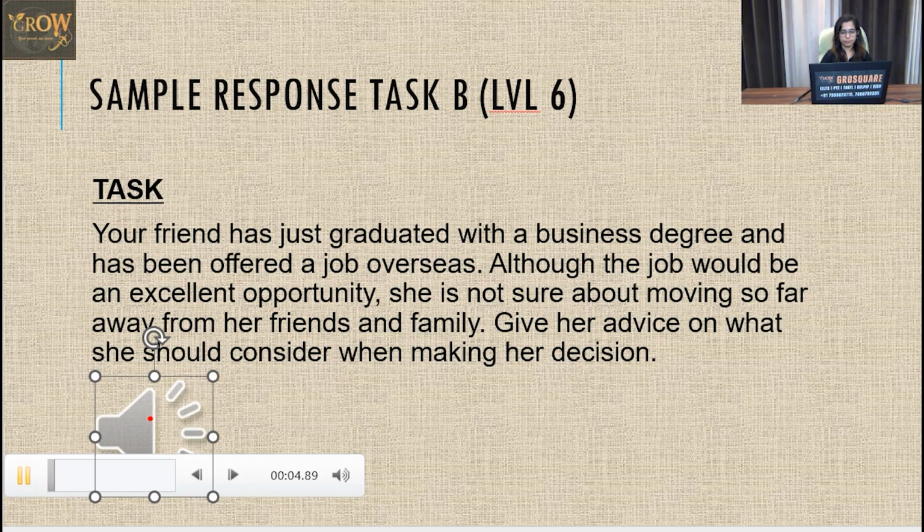Okay, my friend, if you have a plan to go overseas and work there, don't hesitate to grab it, because if you like to have a good family living standard, you will grab that opportunity for the future of your families and for the future of your children.